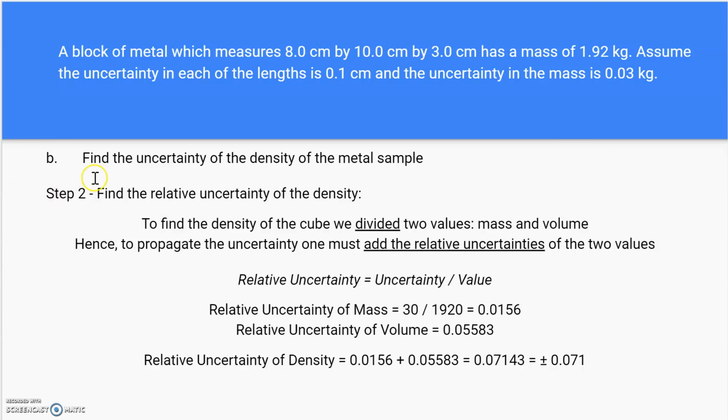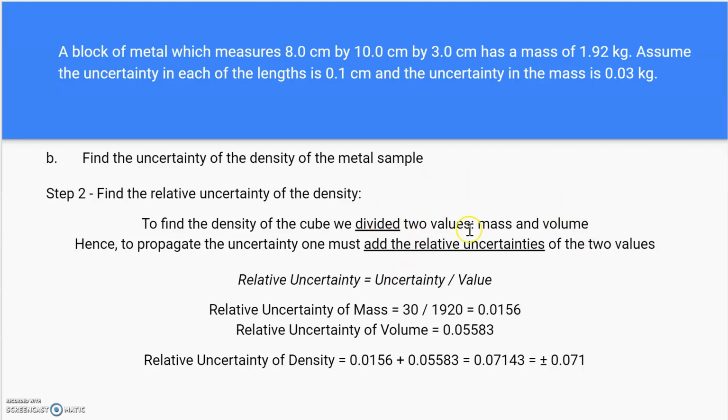Step 2 would be finding the relative uncertainty but of the density, which is the value that we actually calculated. So again, to find the density of that cuboid, we divided 2 values, mass and volume.